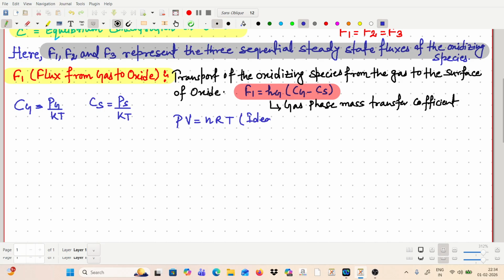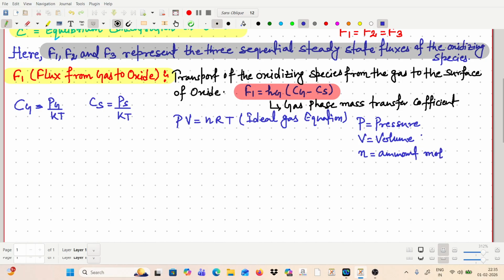I am writing here the ideal gas equation. From this ideal gas equation, P represents the pressure, V the volume, and n is the amount, which is basically in mole.